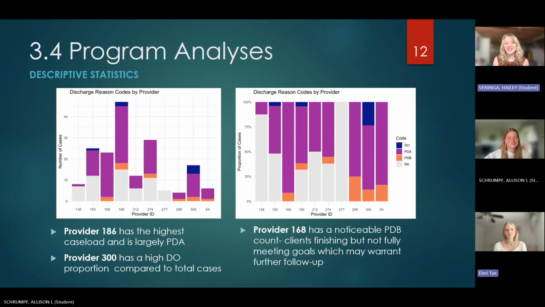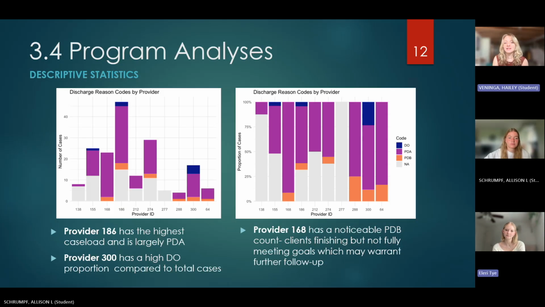And then provider 300 stands out with a notably higher proportion of dropouts relative to their total cases, as you can see on the right in that relativity graph. That would be something for our client and that program to know, that that provider might need a little bit more support or guidance.